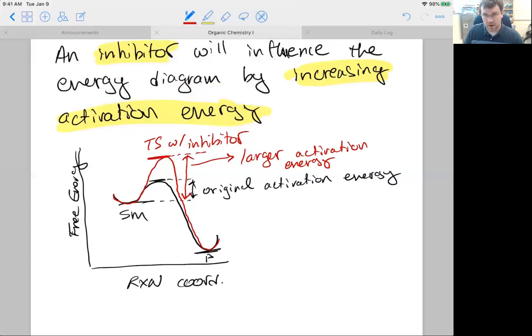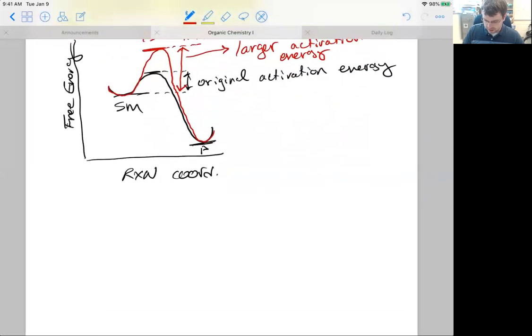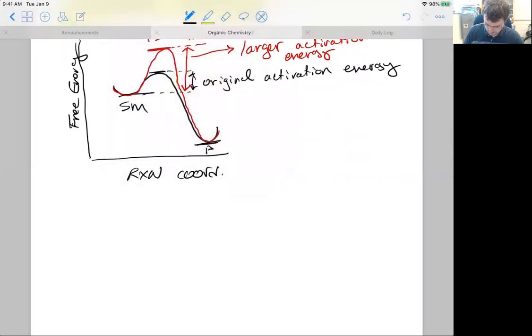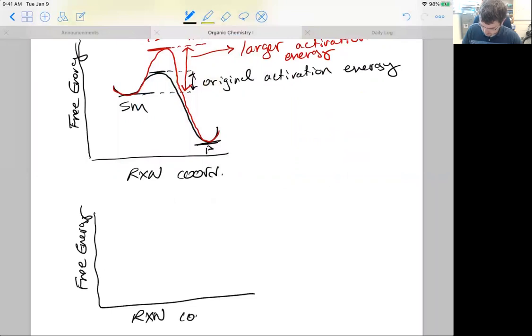Okay, so we've operated in this case on the transition state only. We could do the exact same thing on the starting material. Okay, so we have one transition state, and here the transition state energy is not going to change. But let's say we stabilize the starting material, bring the bowling ball from the shelf to the floor.